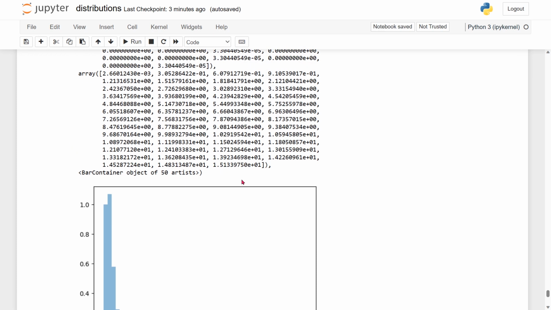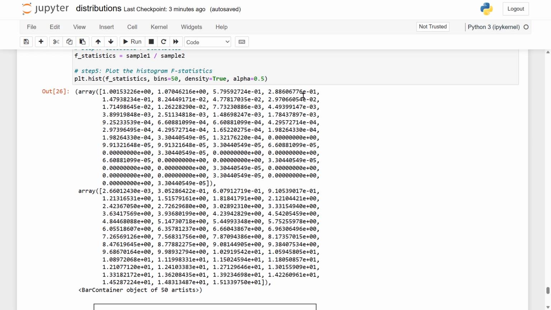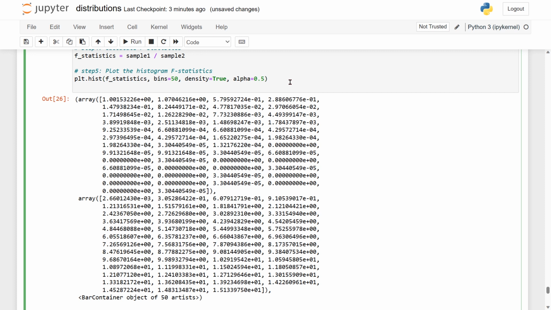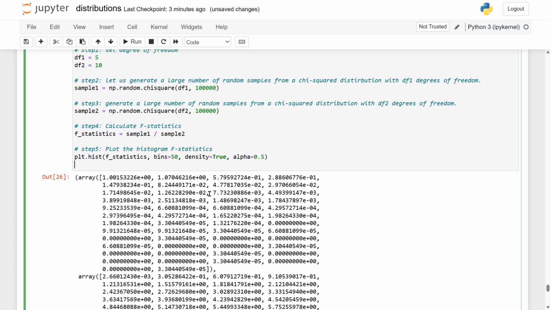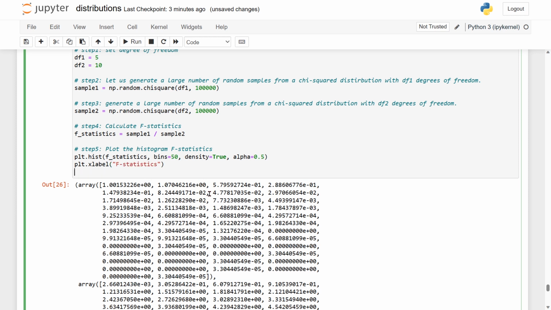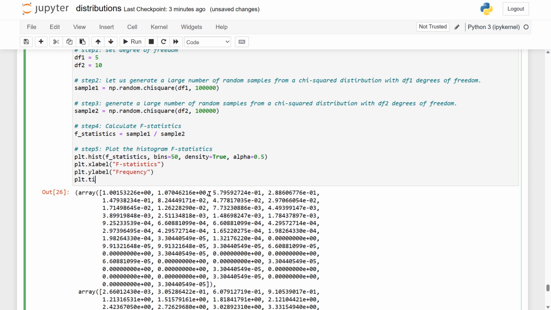And this is your plot, but I don't want these values to be shown. And one more thing, there are no labels. Let me add the labels now. So plt.xlabel, I'll go with f statistics. That's what is on the x-axis. Then plt.ylabel. On y we have frequency. Then plt.title.